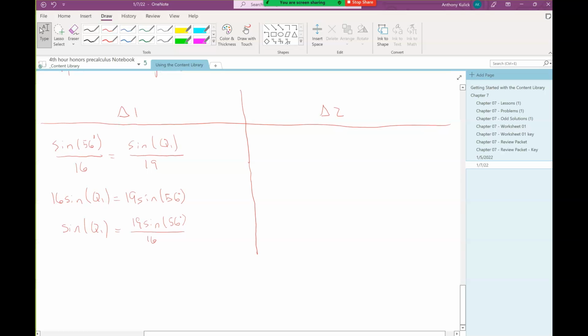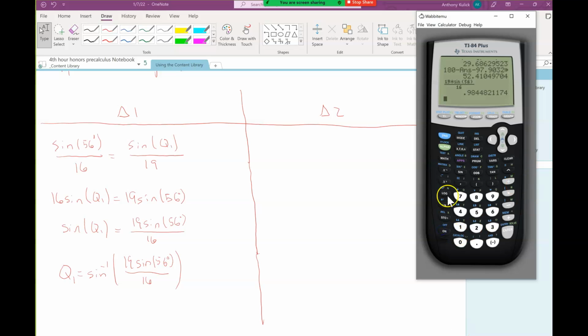And then how do I get rid of a sine in front like that? Sine inverse, very good. So Q1 is going to equal sine inverse of 19 sine 56 all over 16. Now it's calculator time. I'm going to use the fraction command on my calculator so I don't have to worry too hard about the parentheses.